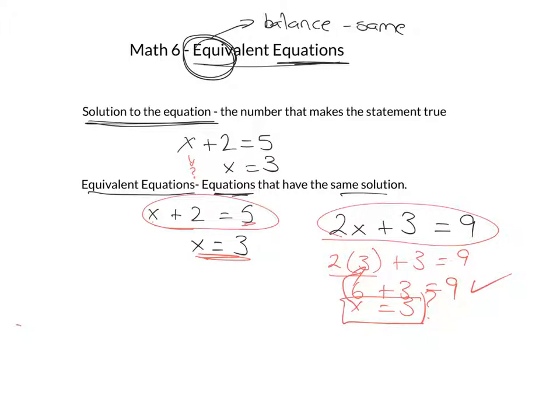This 3 works for x here to make this statement true. So because both of their answers are x equals 3, these two equations are what we call equivalent. It's really important to recognize that equivalent equations have the same solution.